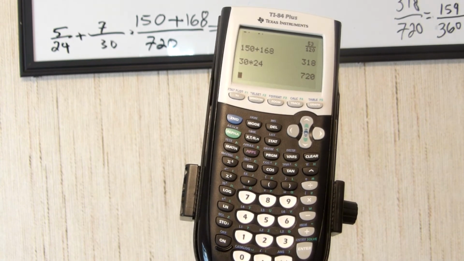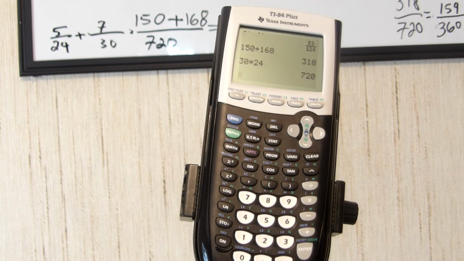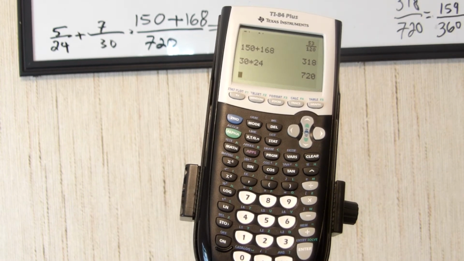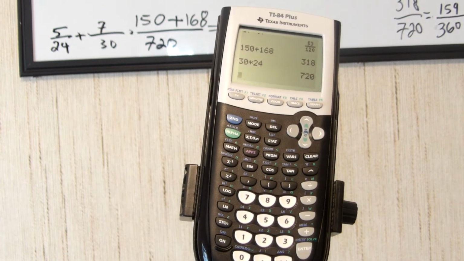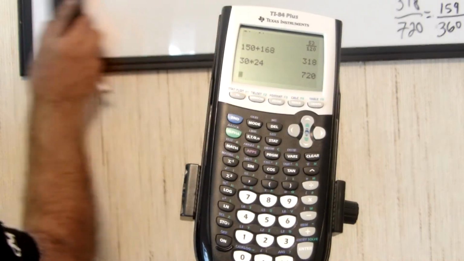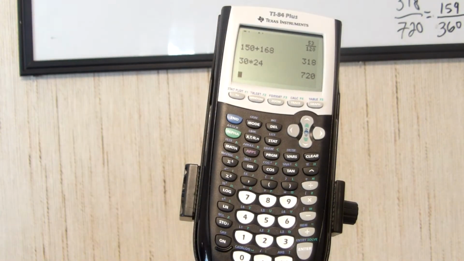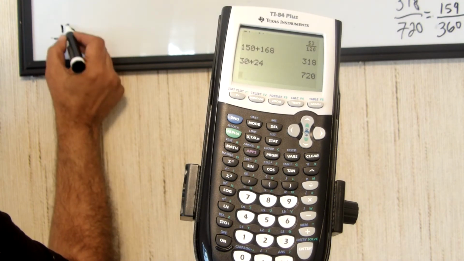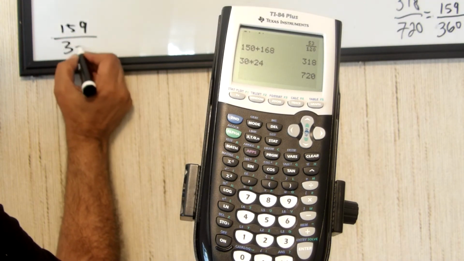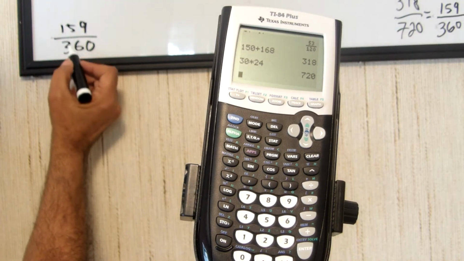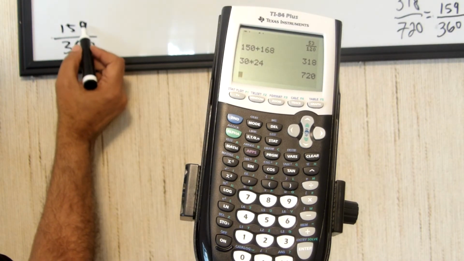We are going to simplify that. We cannot divide both by 2 because this one is not an even number.